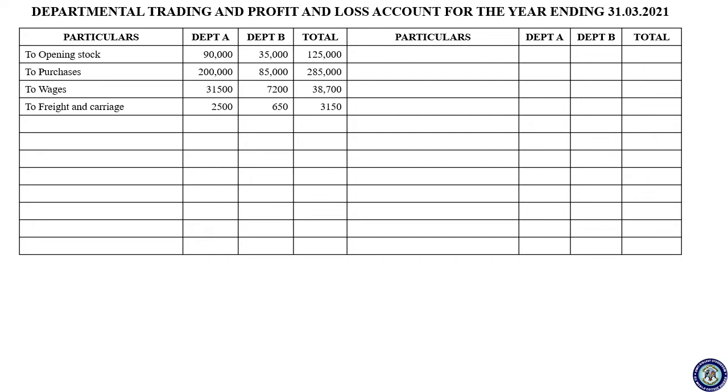After wages, you have one more expense, freight and carriage, so write freight and carriage. After freight and carriage, the next direct expense is fuel and water.